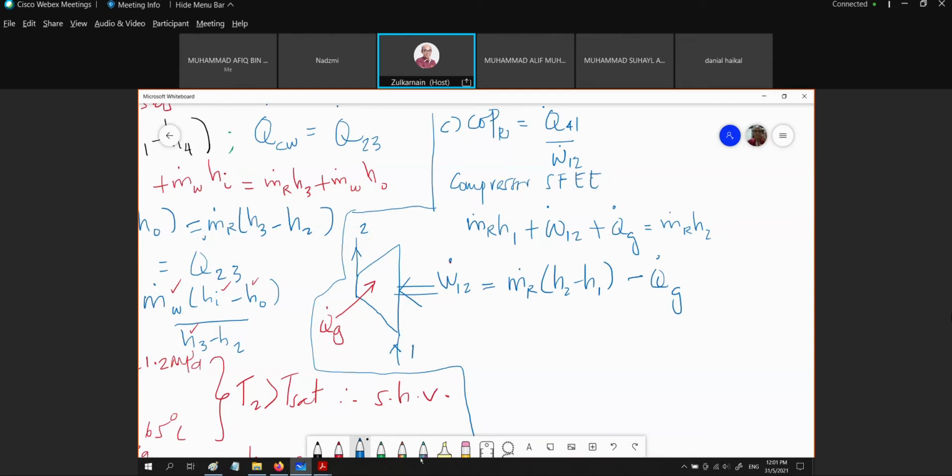So M dot R, W12 equal to M dot R H2 minus H1, minus Q dot G. So we have all the figures.